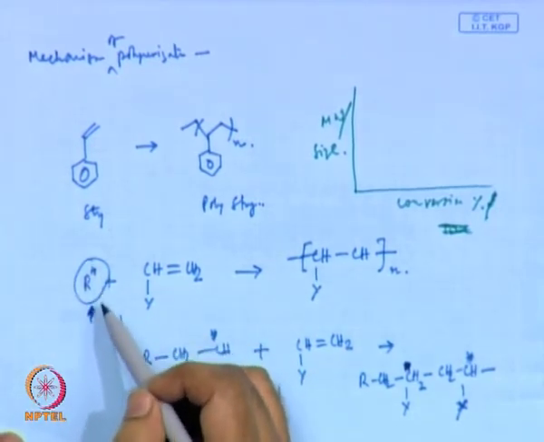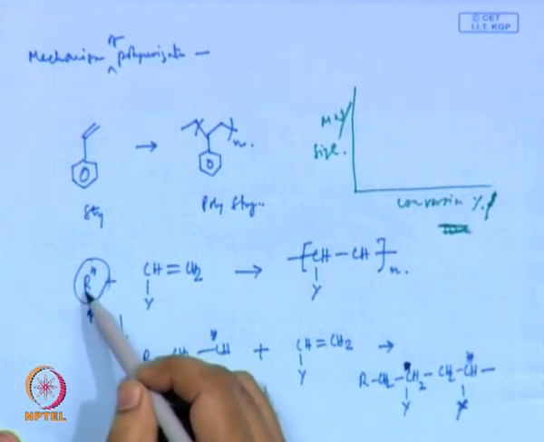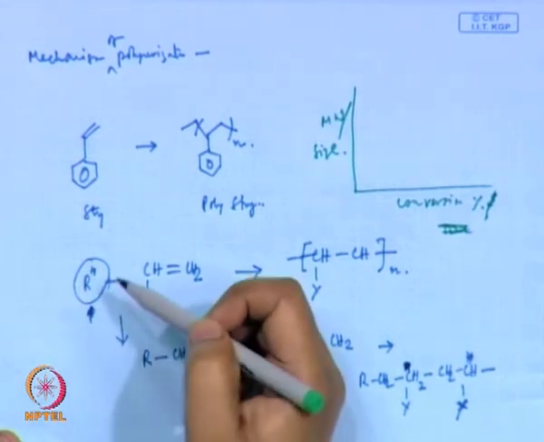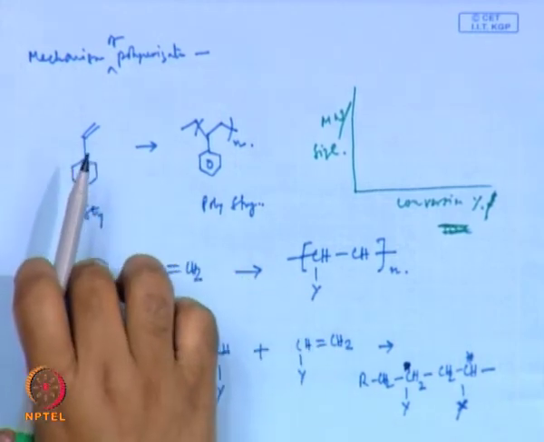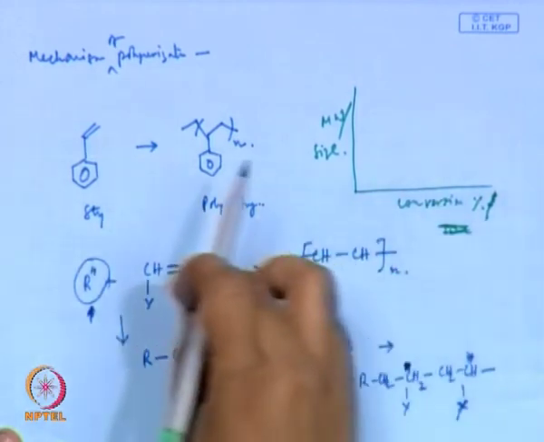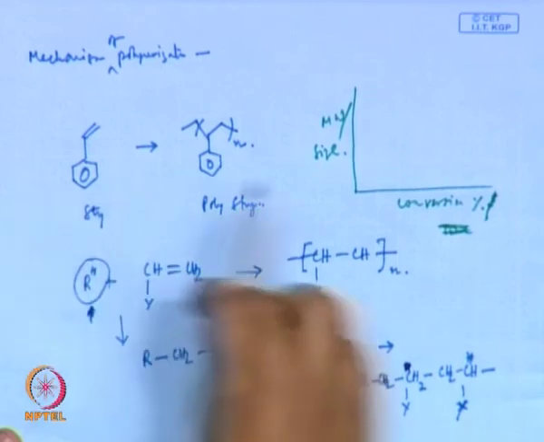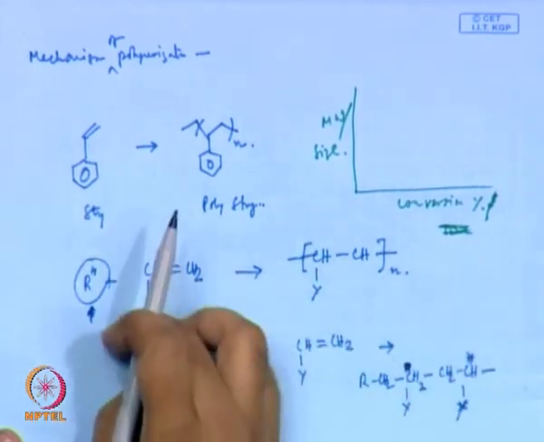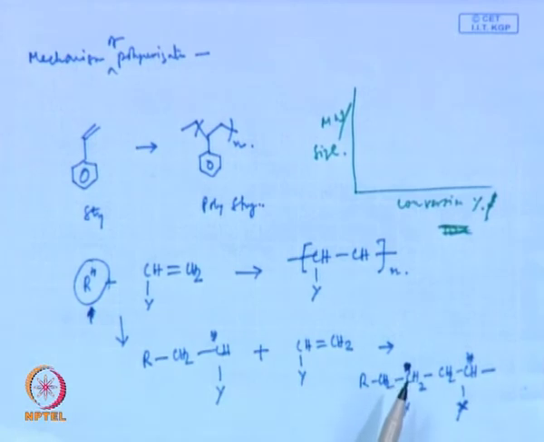So, at the beginning, when the initiator is formed, in most cases, as I said, it immediately starts the activation and initiation and then completes the chain. So, you have a large molecular weight at the beginning itself.